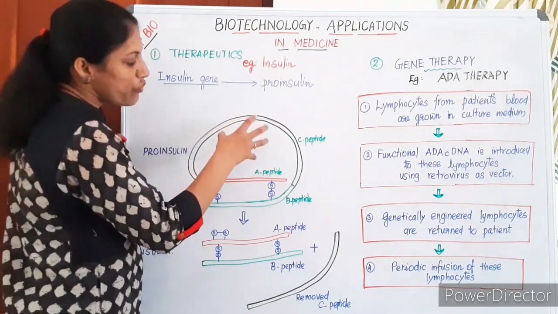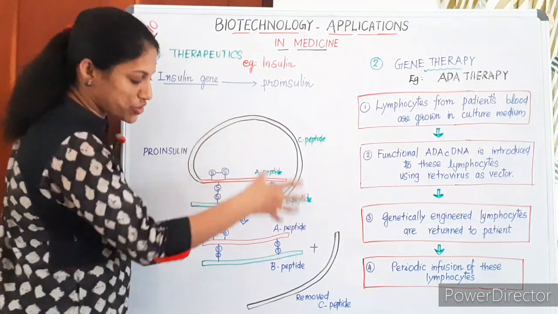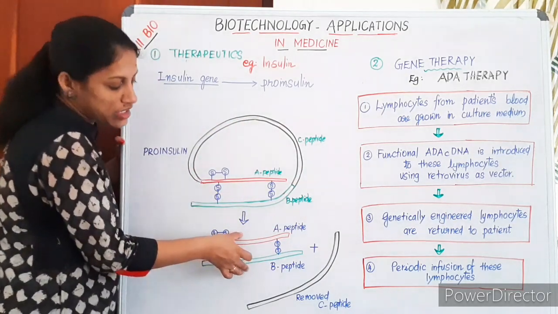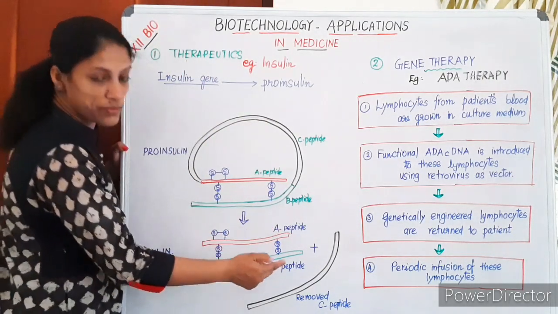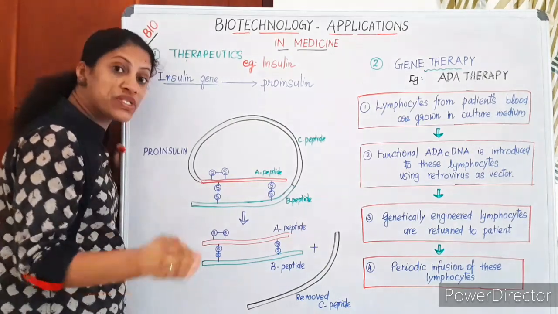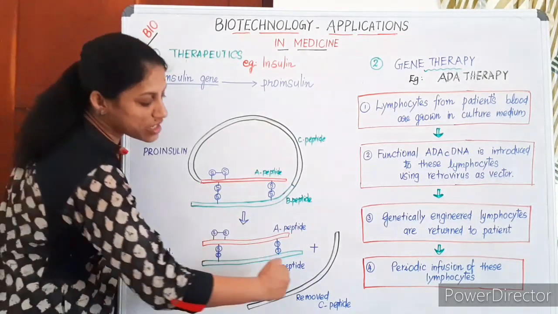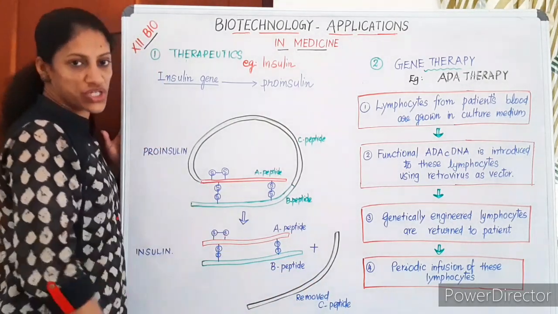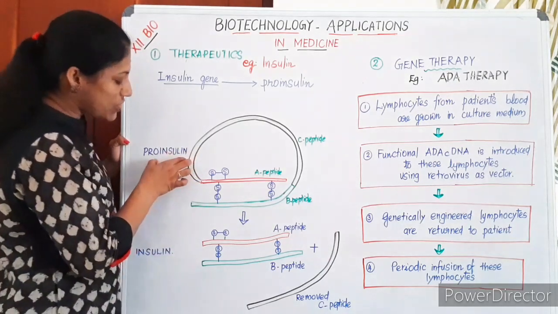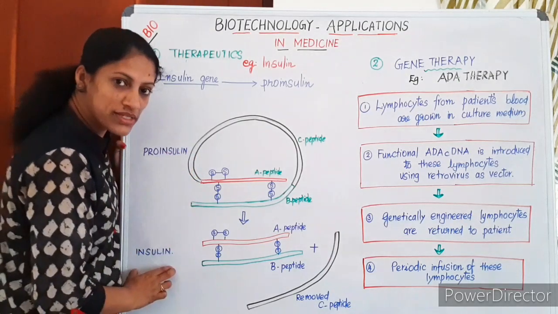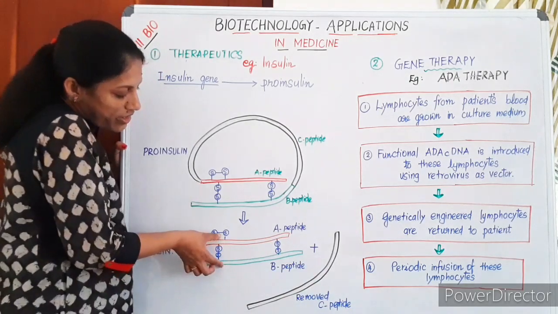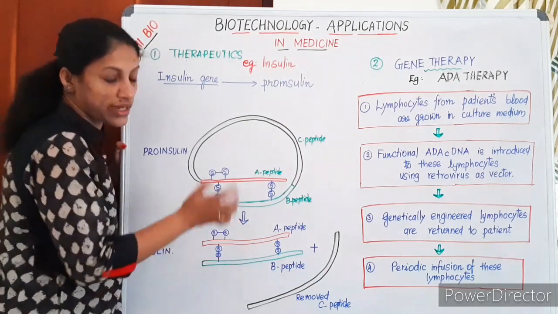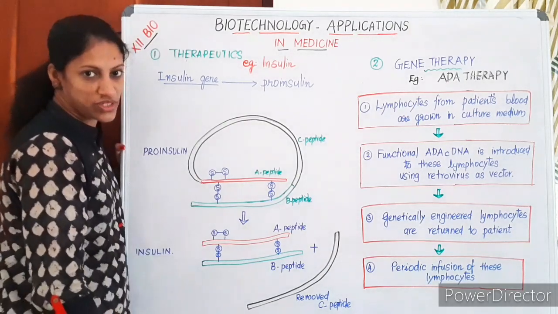Whereas when proinsulin is matured to insulin, insulin has only 2 polypeptide chains, the A chain and B chain. The C chain is absent in the matured insulin, it is removed during maturation. So when proinsulin is matured to insulin, the C peptide is removed, so that insulin has only the 2 peptides connected by disulfide bonds.